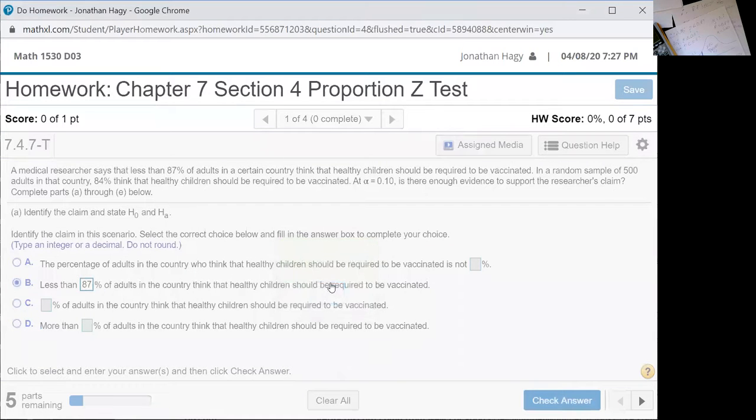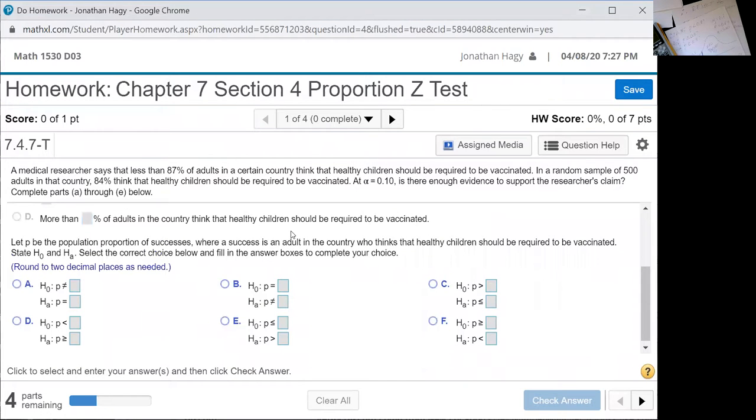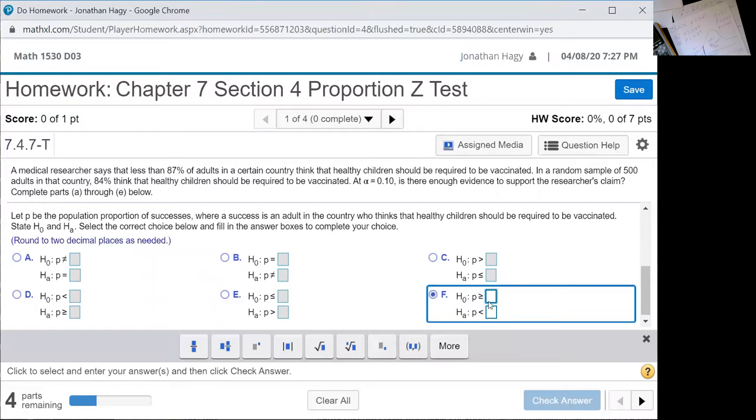All right. State the hypotheses. The null hypothesis was greater than or equal to, which is choice F here. Greater than or equal to 0.87. The alternative is less than 0.87.